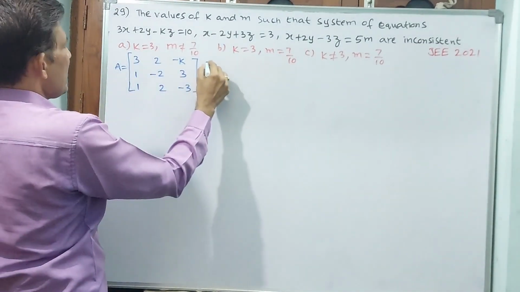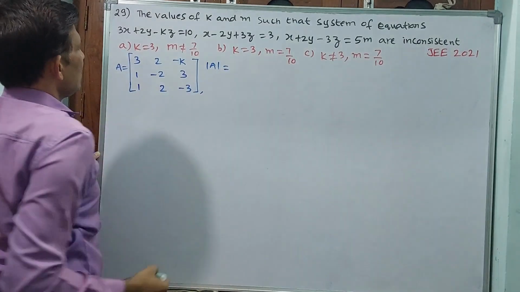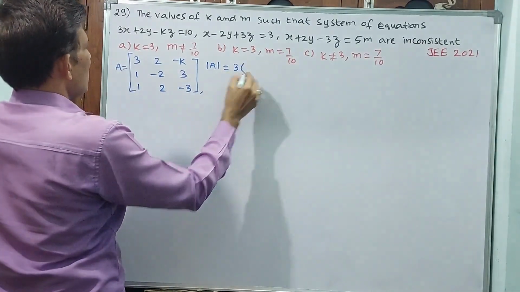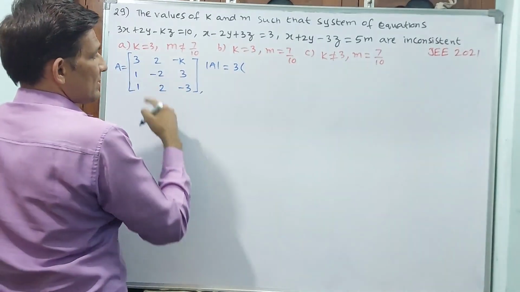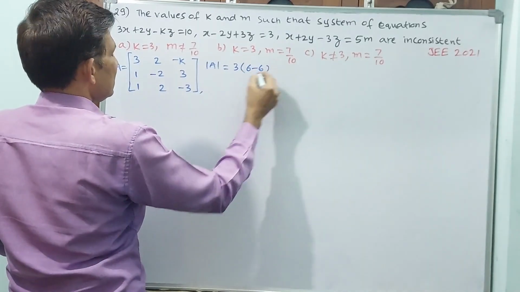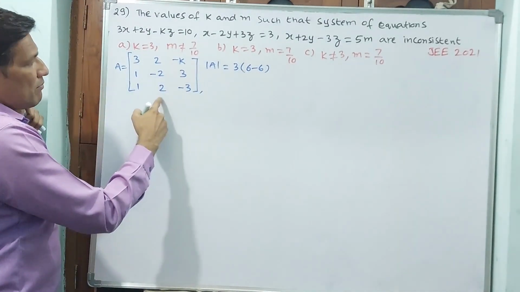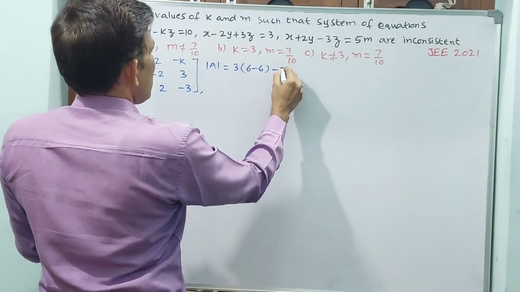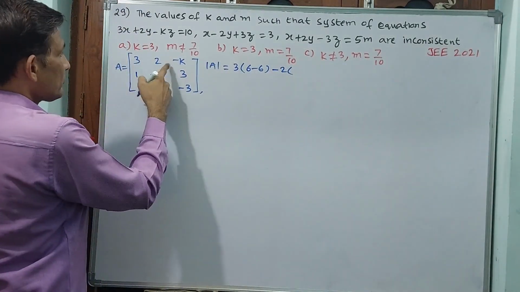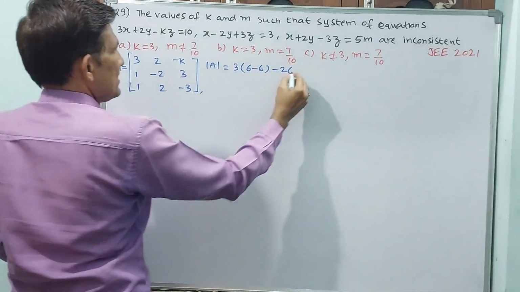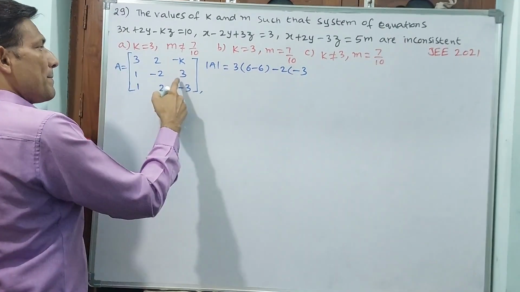Now I am finding determinant of A is equal to 3 times of 6 minus 6, 0. Minus 2 times of minus 3, minus 3.